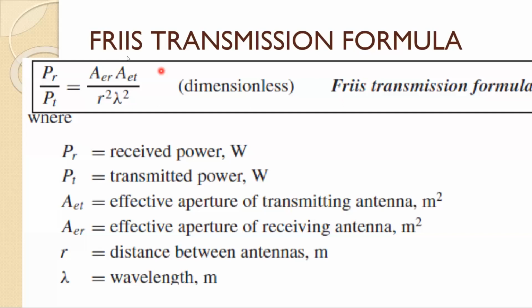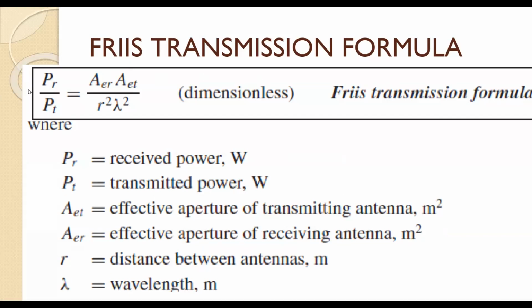So this is the Friis transmission formula. The ratio of PR by PT, that is the received power to the transmitted power, equals the product of the effective aperture of the transmitting antenna and the effective aperture of the receiving antenna, divided by r squared lambda squared.